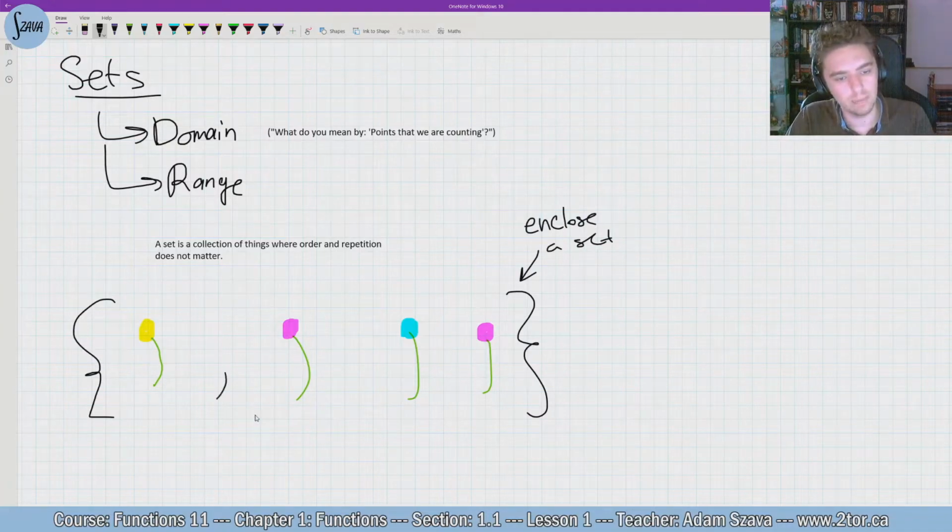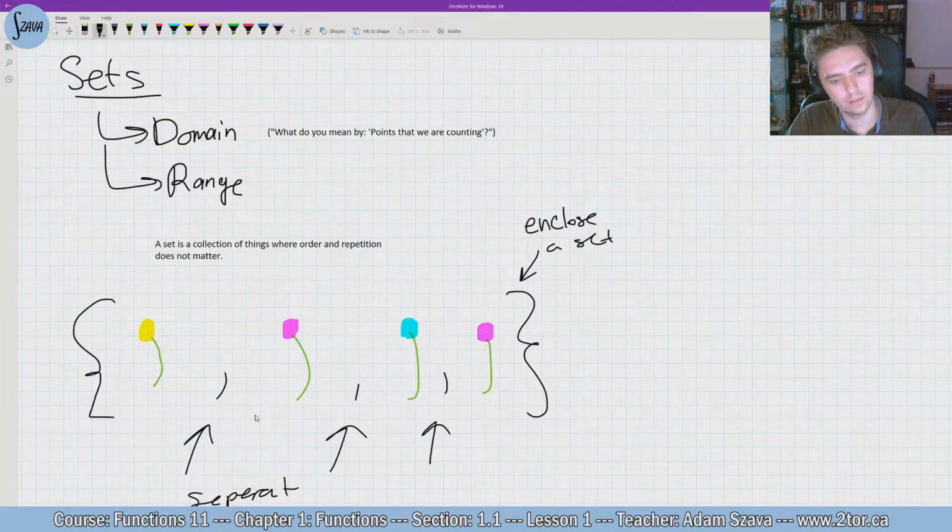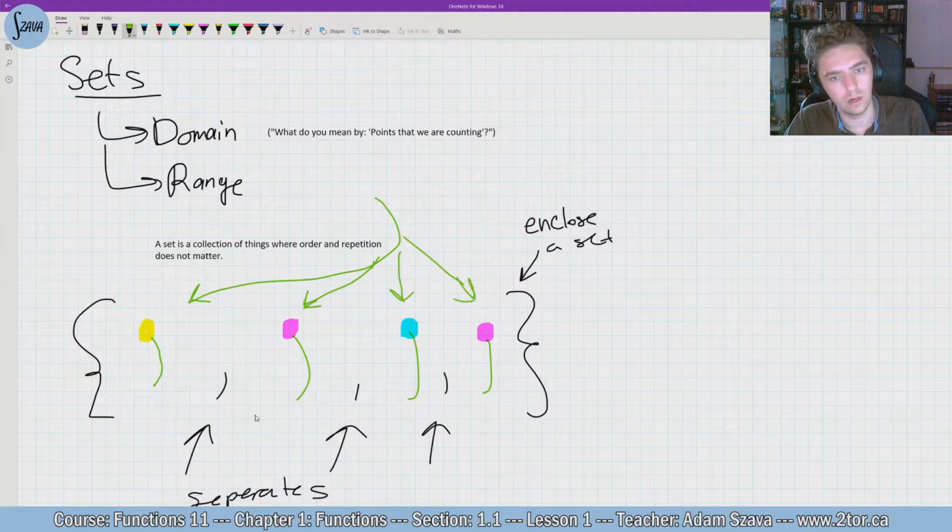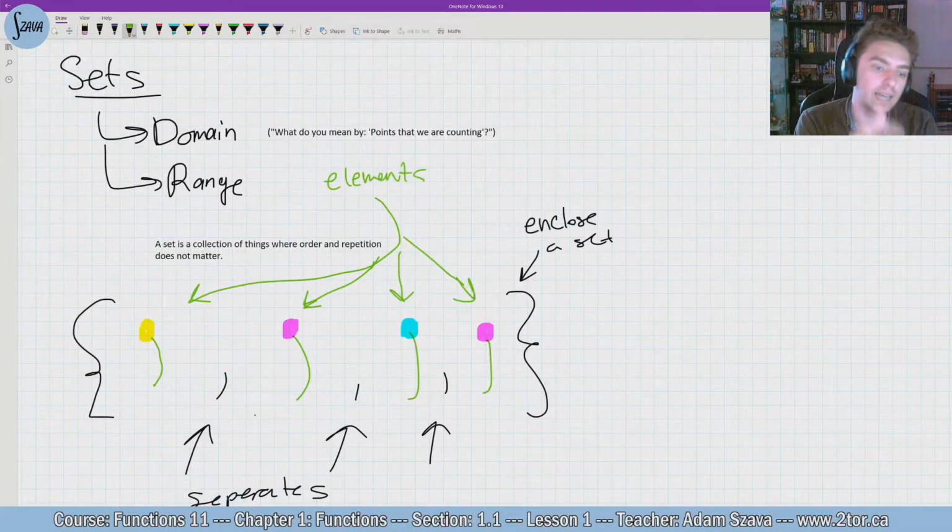And we separate the things inside the set by commas. What are the things inside the set called? Things inside the sets are called elements. So the yellow flower is an element of this set.